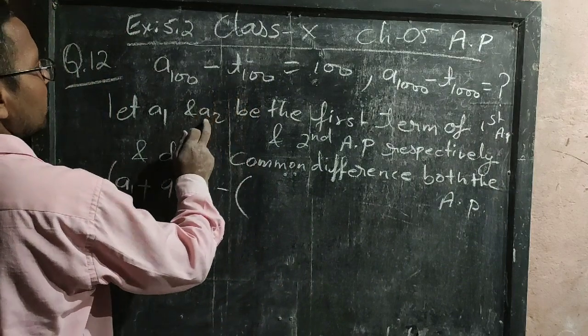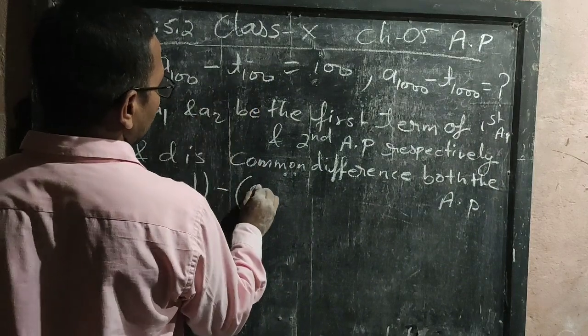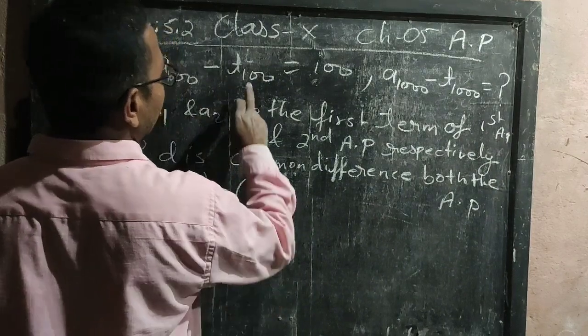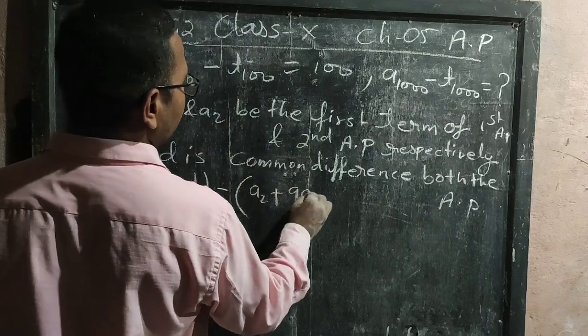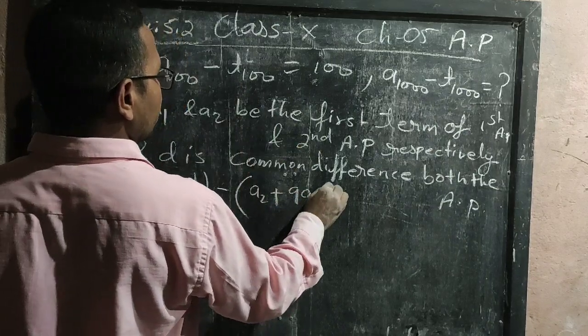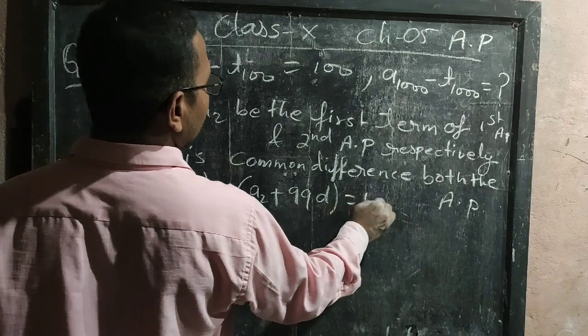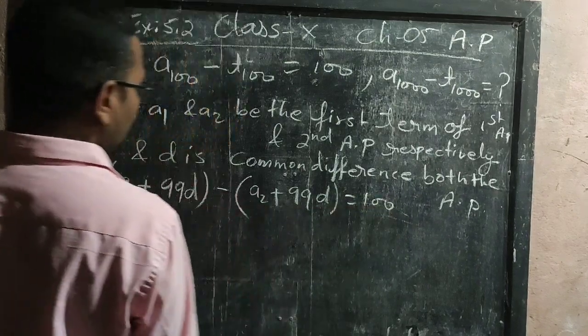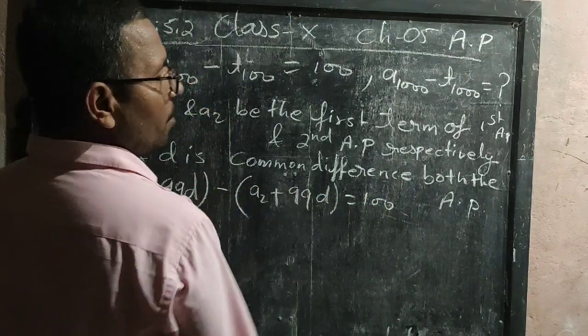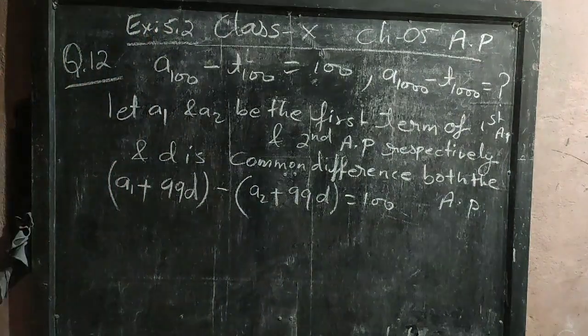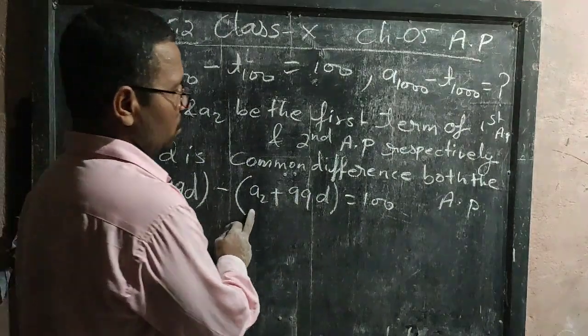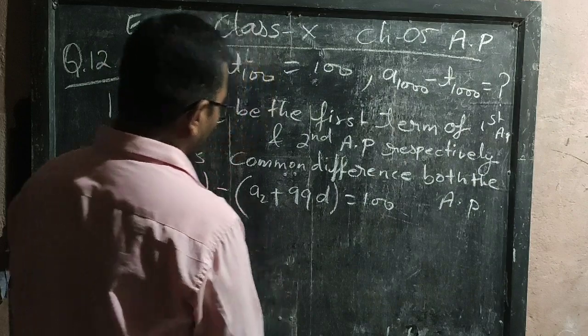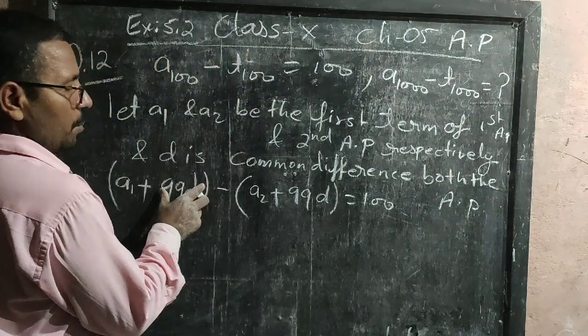The first term of this AP is A2. So A2 plus 100 minus 1, that means 99, and D, the common difference, is the same for both APs, is equal to 100. So now students, open the bracket. By opening the brackets, what do you get? A1 minus A2 is equal to 100.